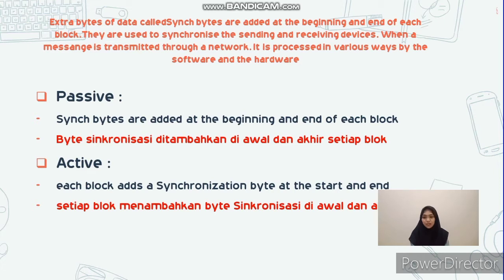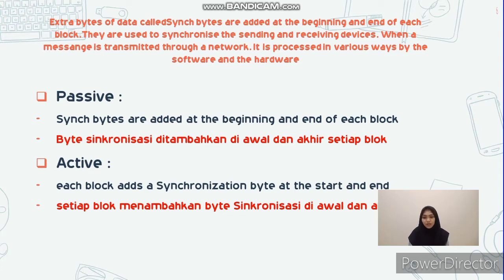When a message is transmitted through a network, it is processed in various ways by the software and the hardware. Sentence passive: sync bytes are added at the beginning and end of each block. And then sentence active: each block adds a synchronization byte at the start and the end.